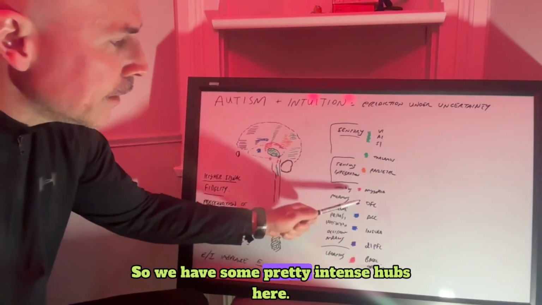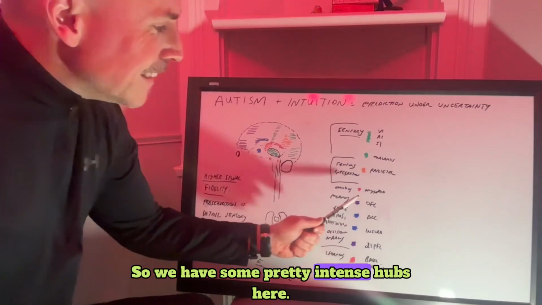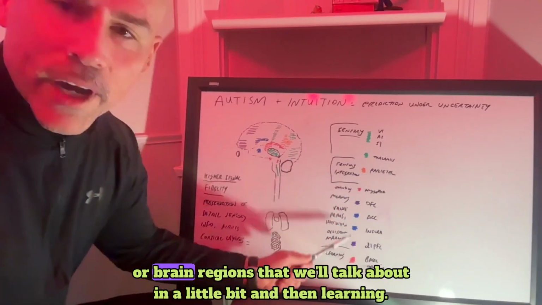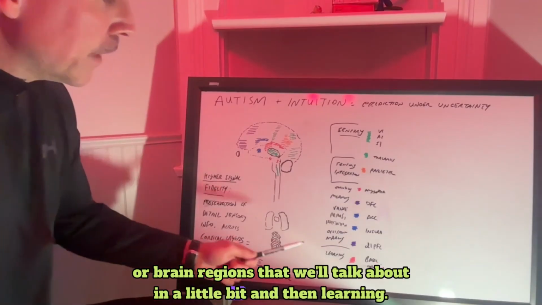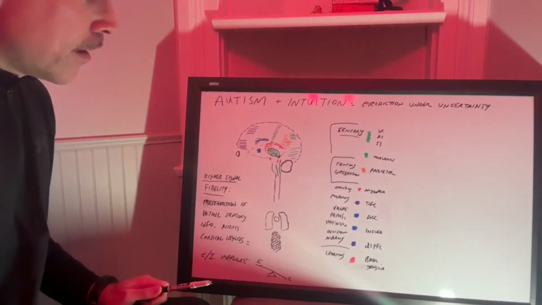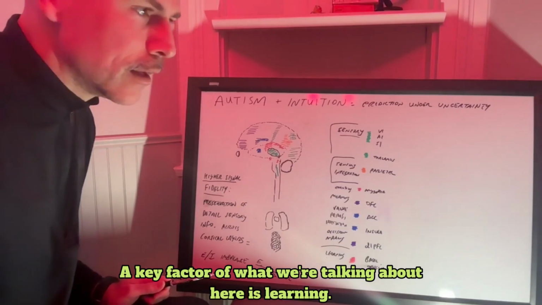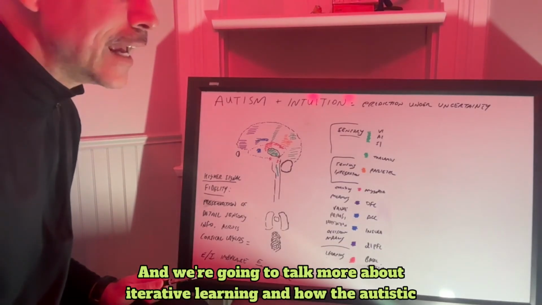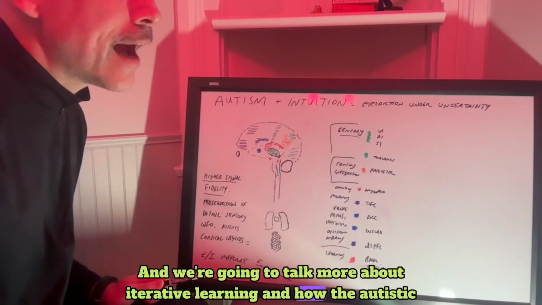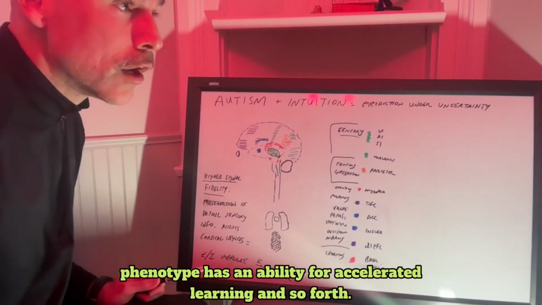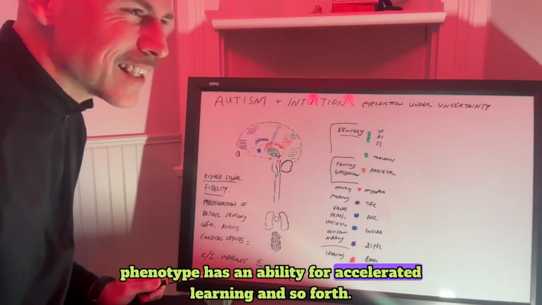So we have some pretty intense hubs, or brain regions, that we'll talk about a little bit. And then learning. A key factor of what we're talking about here is learning. We're going to talk more about iterative learning and how the autistic phenotype has an ability for accelerated learning and so forth.